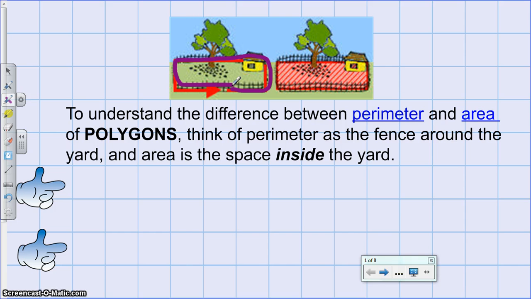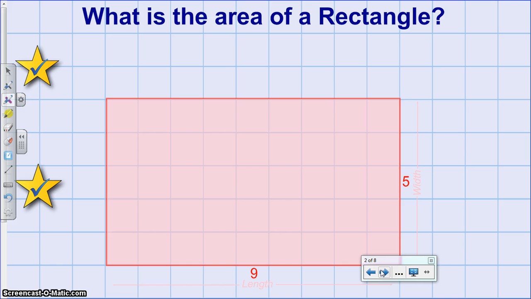Well, the next thing we're going to talk about is the area. And the area is like the whole surface of the object. So everything that's inside the perimeter, the whole surface inside this fence, that is what we would be calling the area. Let's take a look at this next picture to understand it a little bit better.